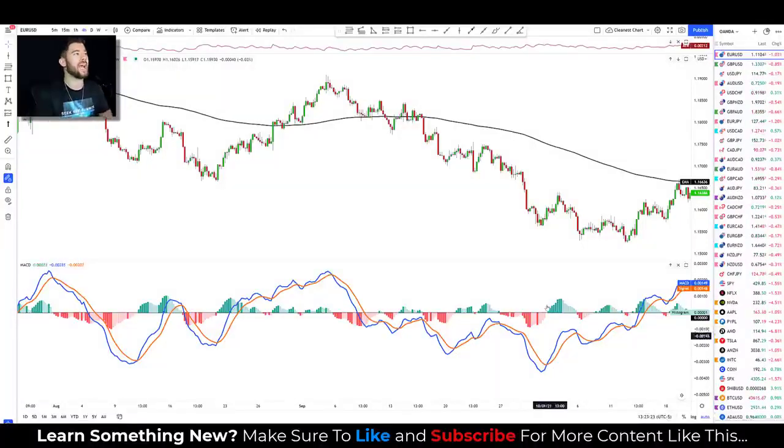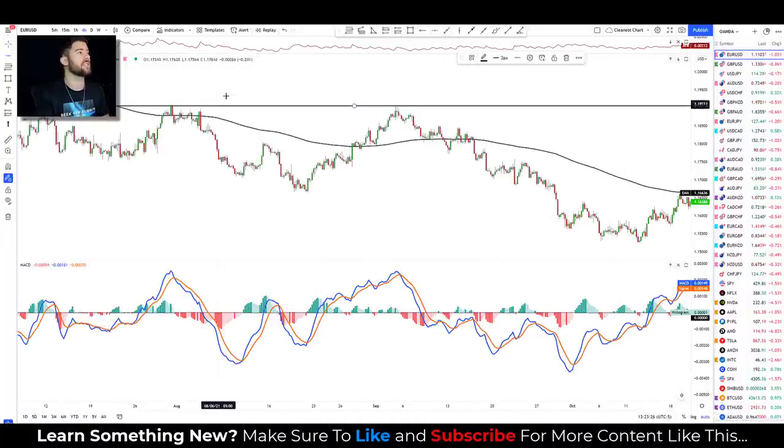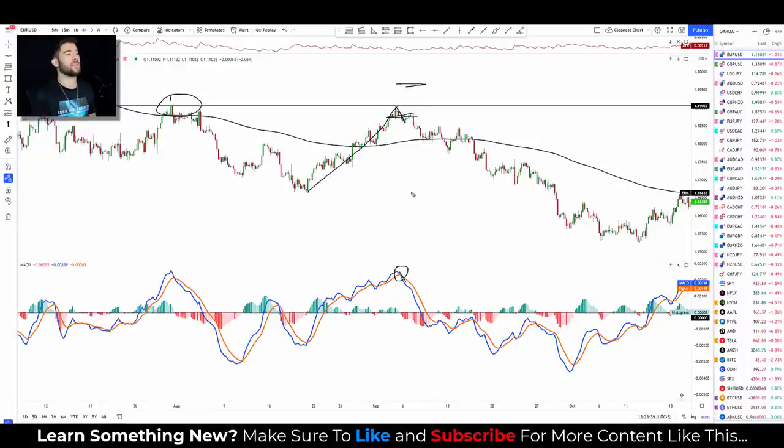So something we might add to this is scrolling the chart left and only placing trades when we have price pushing up to a major level of structure, then using that MACD line crossing below the signal line as an entry into that trade, stop loss above here, targets wherever you want them to go. So that's, again, just another example. I'm trying to speed through this to get you familiar with how we're going to be using this to create strategies later in the video and to set up some cool trading opportunities a little bit later on.